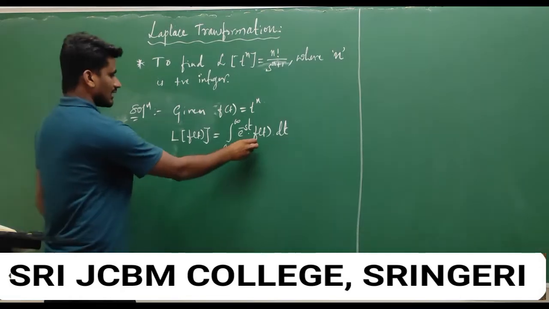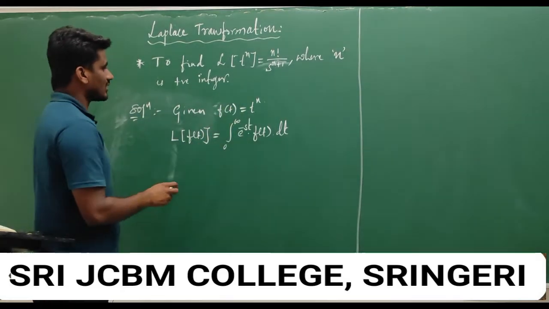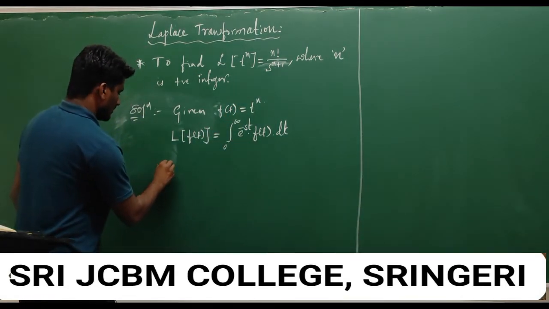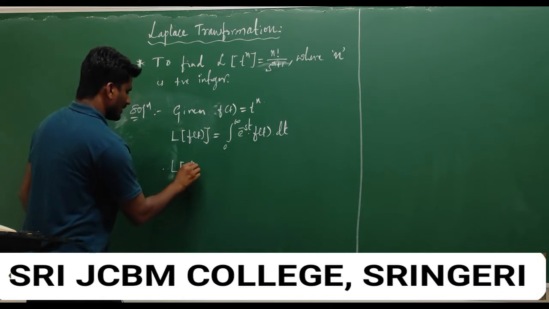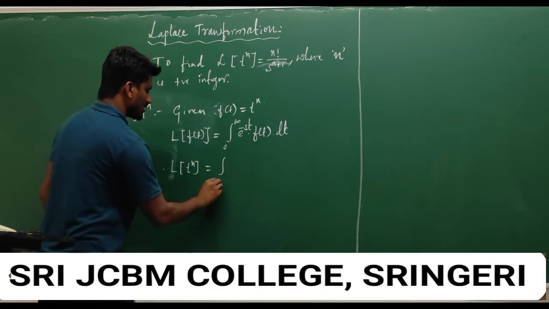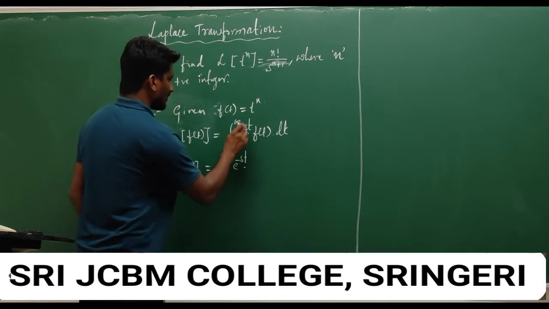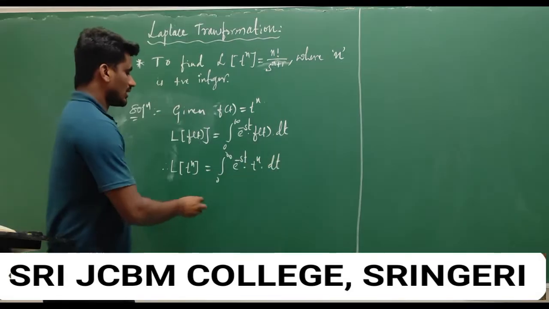Just substitute here f of t, which is given as the time domain function t to the power n. Therefore the Laplace transform of t to the power n is equal to the integration from 0 to infinity of e to the power minus st times t to the power n dt.